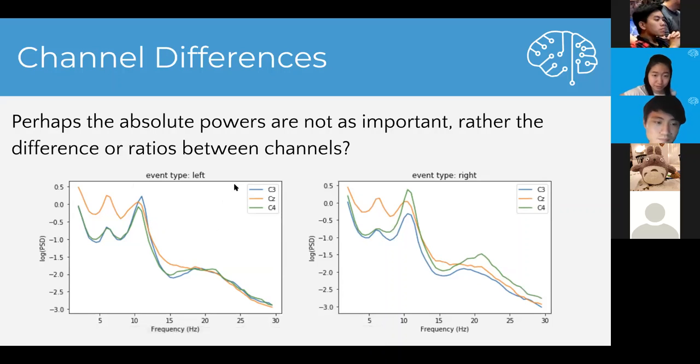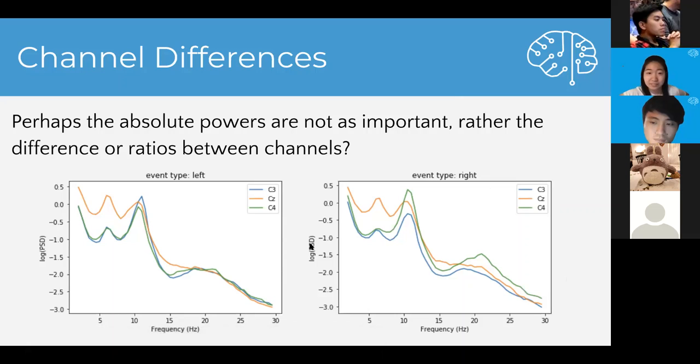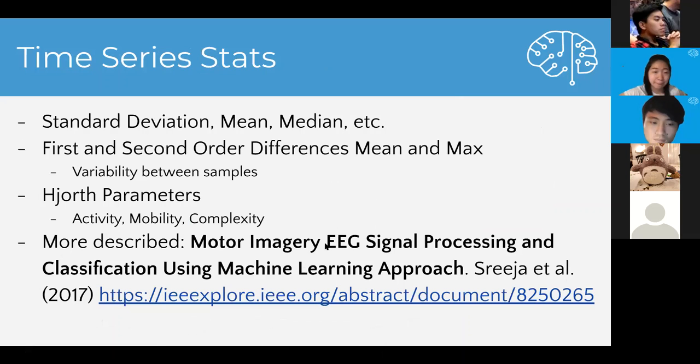Because in the left-hand case, you get a positive subtraction between C3 and C4, but in the right-hand case, you'll get a negative subtraction. And so that emphasizes the difference between the two. And you can think about other ways to find relationships between the different channels. That's just one example. Feel free to be creative.